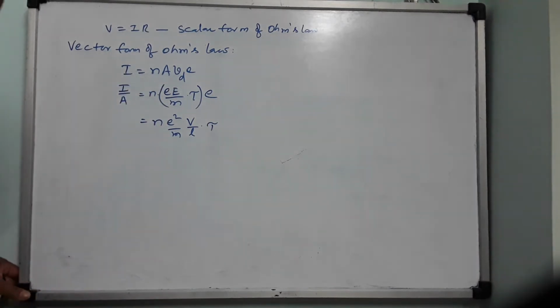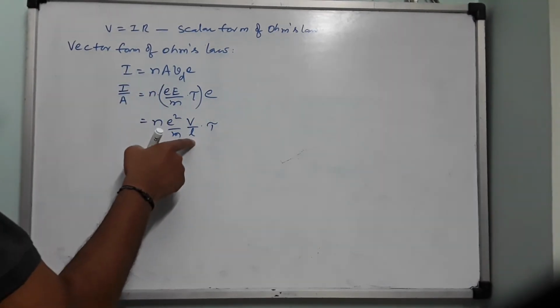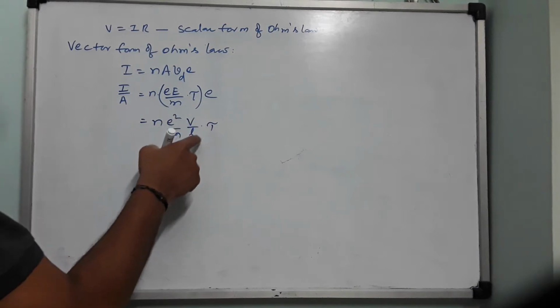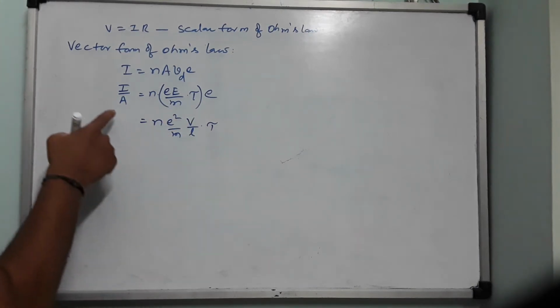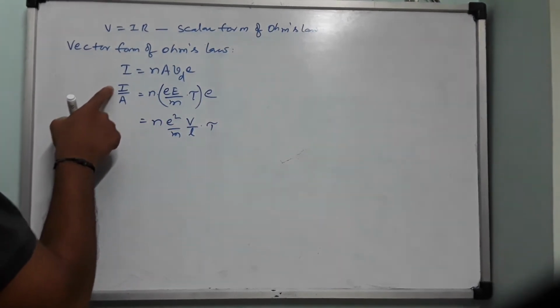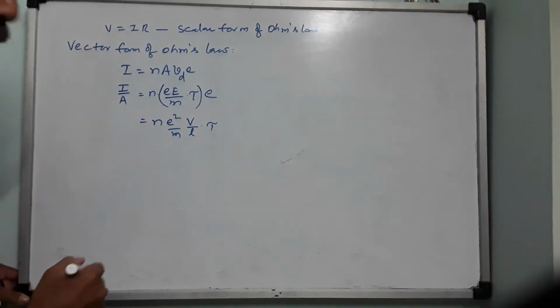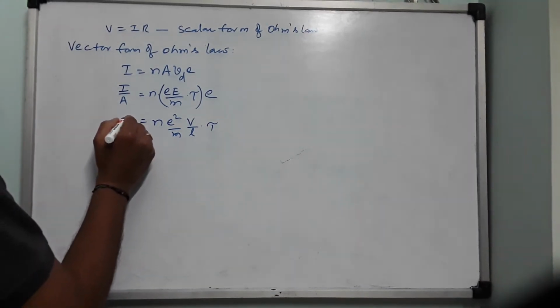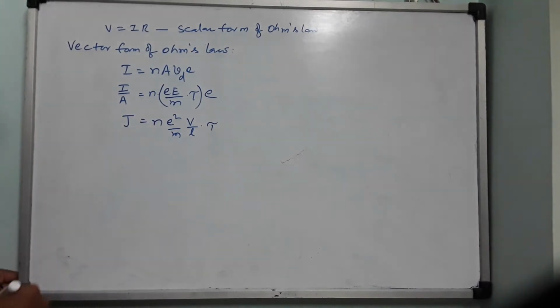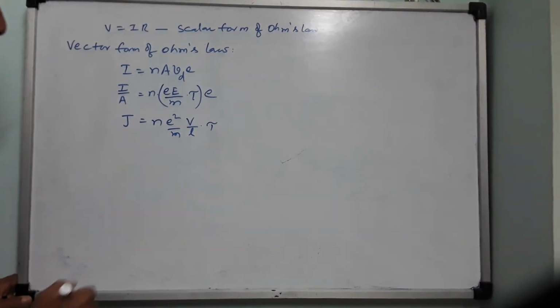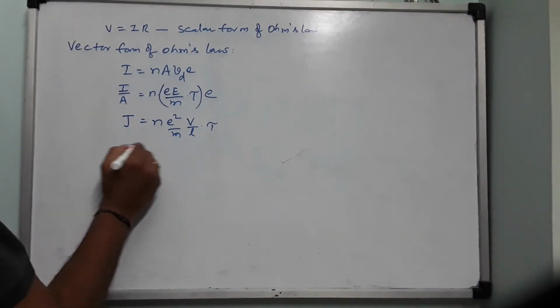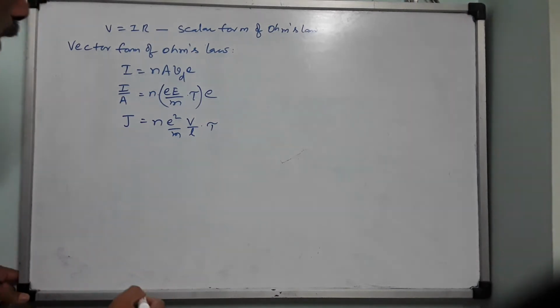Electric field is potential gradient, potential divided by the length of the conductor. On the left hand side, I by A, current per unit area of cross section, is known as current density J. Where J is current density vector, that we will write at the end.